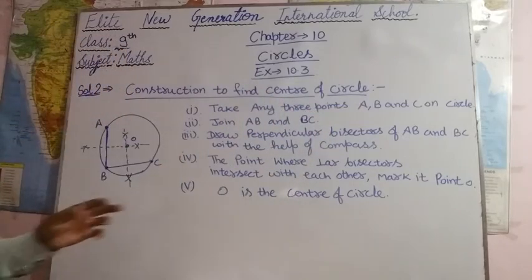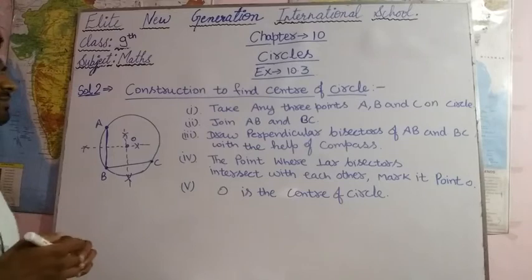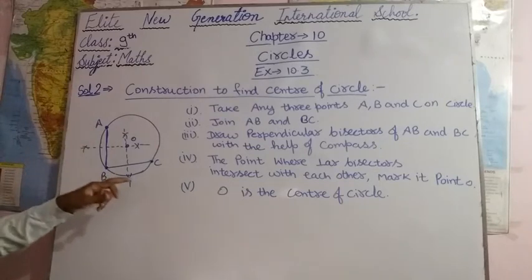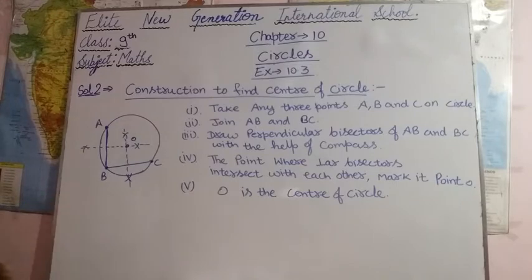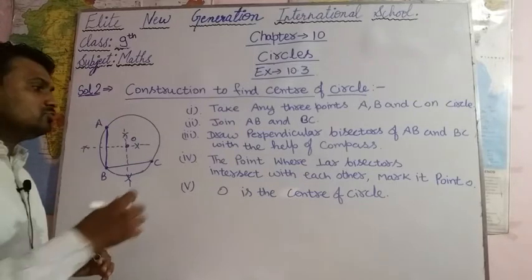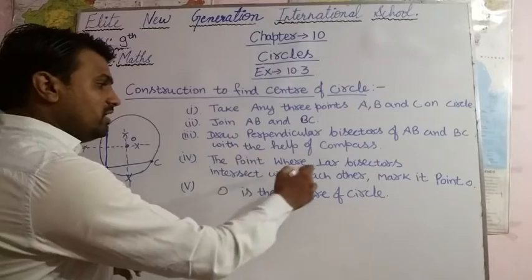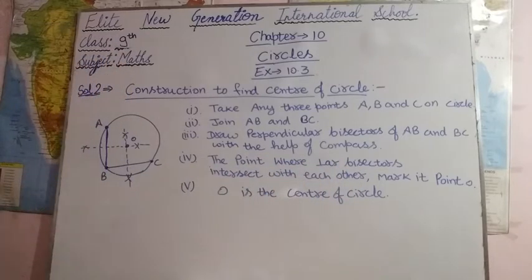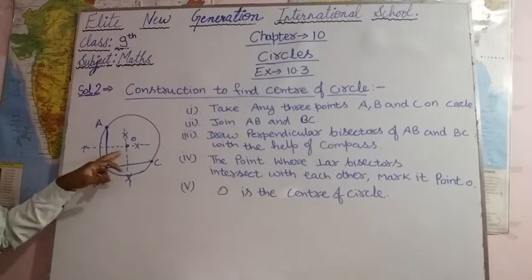Now draw the perpendicular bisectors of AB and BC. We have to draw the perpendicular bisector with the help of a compass.